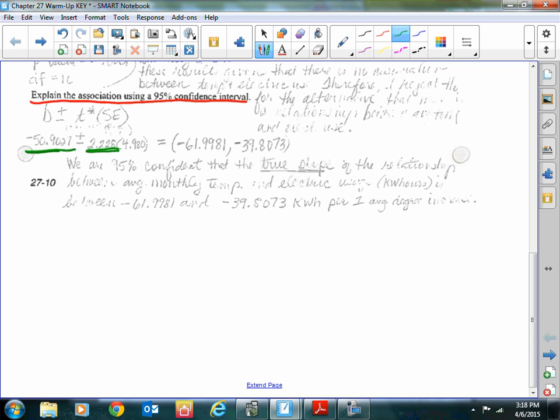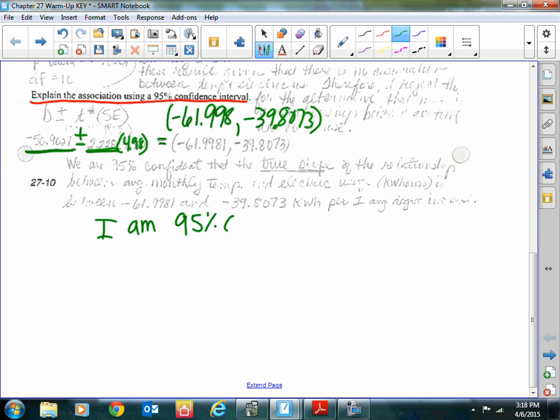So we've got negative 50.9027 plus or minus 2.228 times 4.98. That becomes this interval here, negative 61.998 to negative 39.8073.